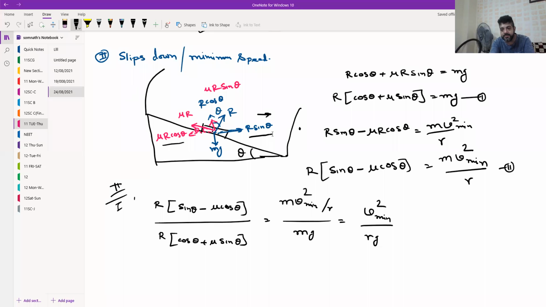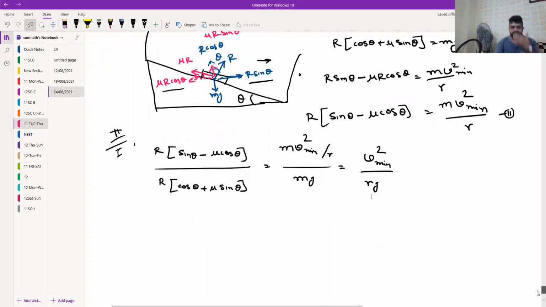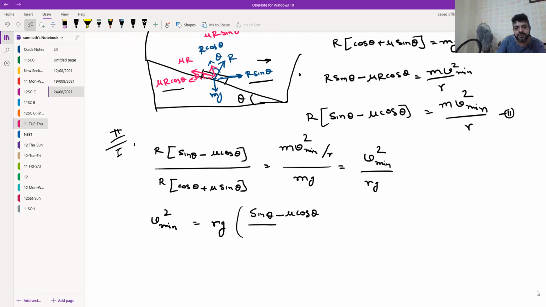This r cancels, this r cancels. So what happened? V minimum square is rg (sin theta minus mu cos theta) by cos theta.